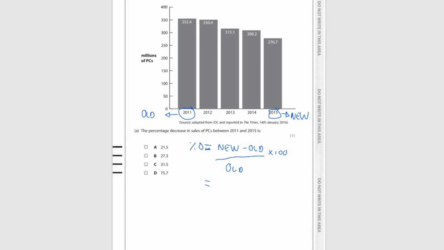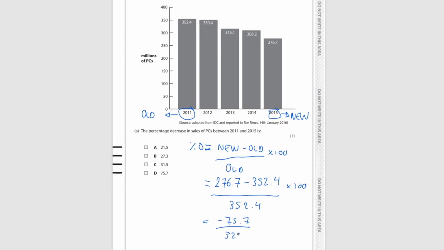Okay, so if I do that, it's going to be 276.7 minus 352.4 over 352.4 multiplied by 100. Okay, so if I do 276.7 and I take away 352.4, then I would get minus 75.7.